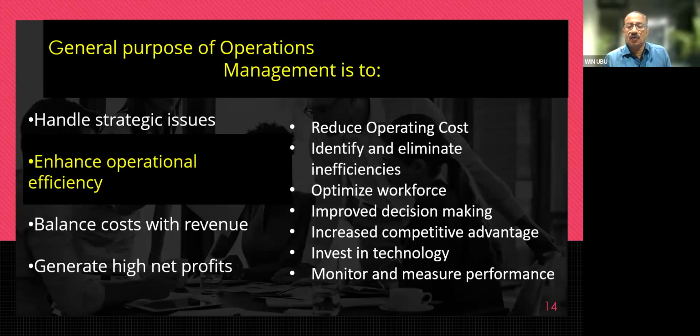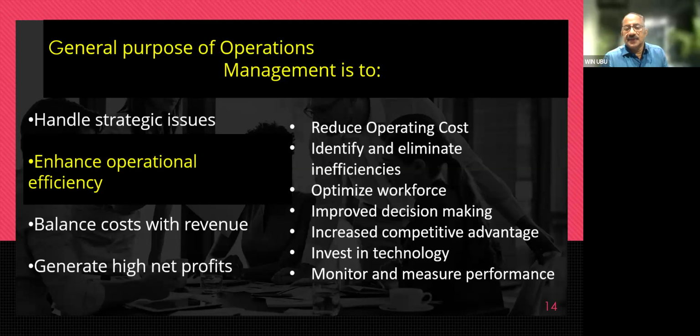From production through sales and marketing, the operations department, along with the assistance of the others, can analyze all these aspects. They can see where they can reduce the operating cost and identify any inefficiencies. Inefficiencies in the sense that machinery may have to be replaced.